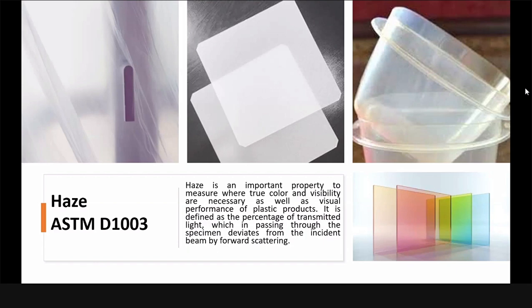So it is a standard which comes with two methods. One is hazometer, one is spectrophotometer method. The hazometer uses a unidirectional sphere method, and the other one is the spectrophotometer sphere method to measure. So both measurements are qualified as per ASTM D1003.